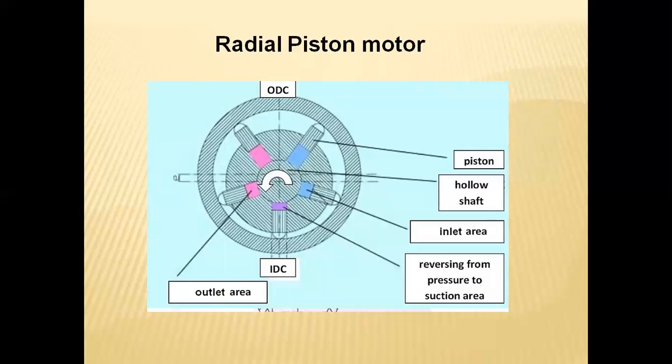This is an example of a radial piston motor. Considering the input counter and this output dead center, this is an outlet area through which the air will be inserted at the input level.